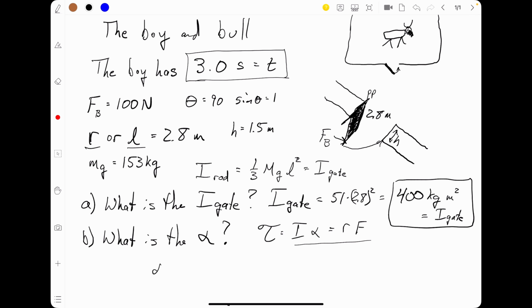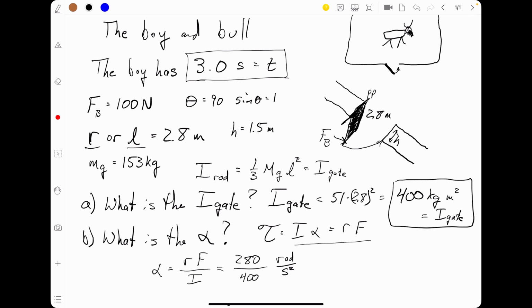So alpha is equal to our radius, or length, times the force divided by I. So we've got 2.8 times 100 is 280. And we're going to divide by 400. And we're going to be left with radians per second squared.